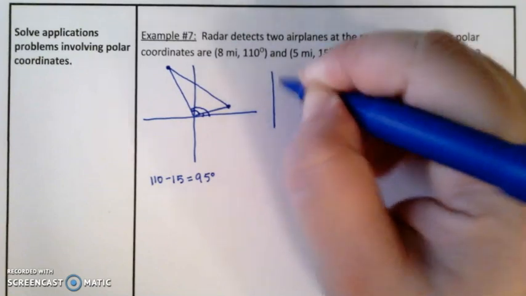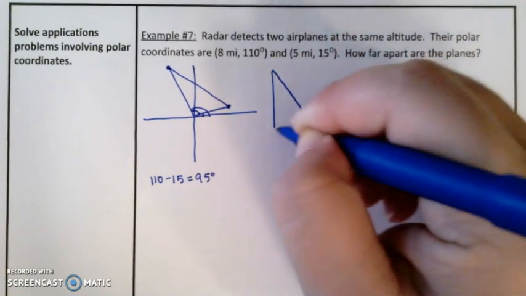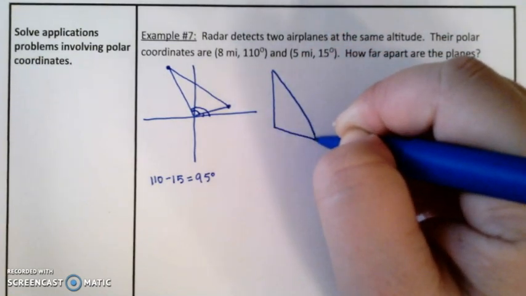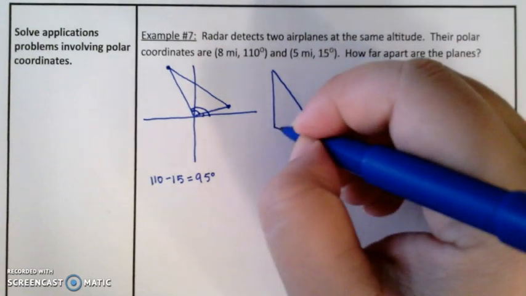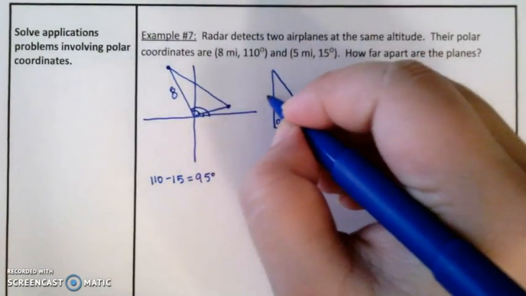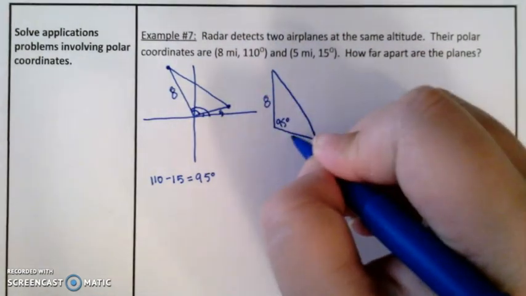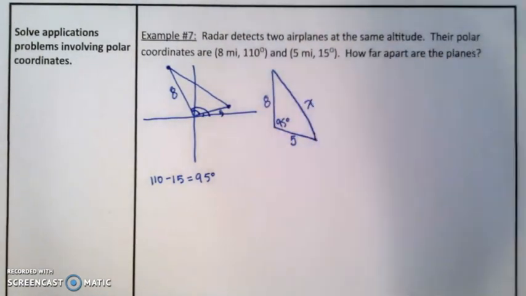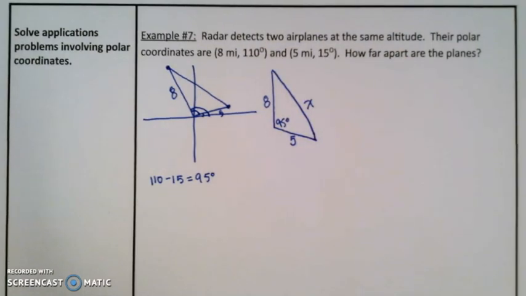So I'm going to draw my triangle here, and I'm going to make it very clear to myself that it is not a right triangle. This is 95 degrees. This was 8 miles, and this was 5 miles, and this is what we're looking for, okay? So we are going to use the law of cosines for this.